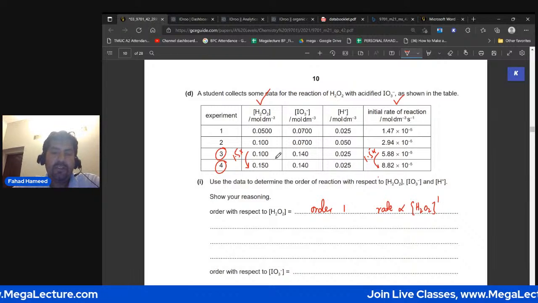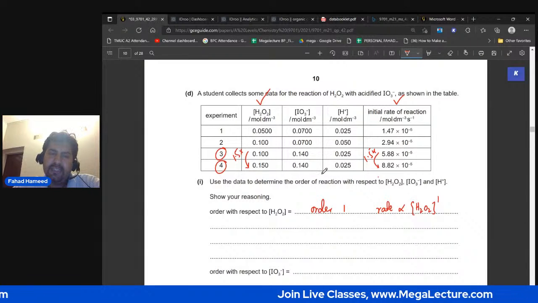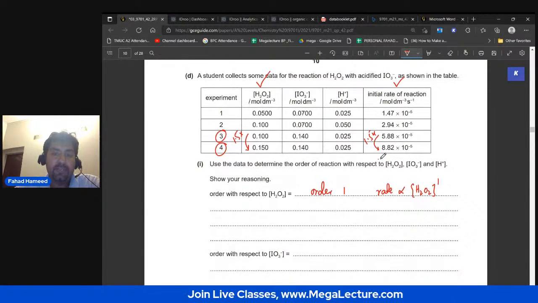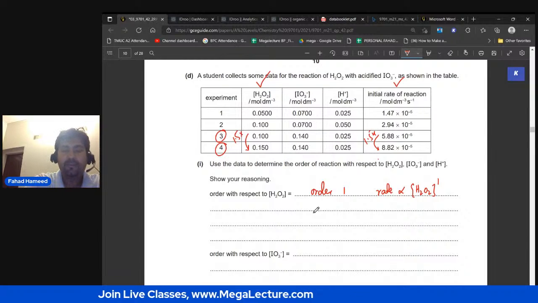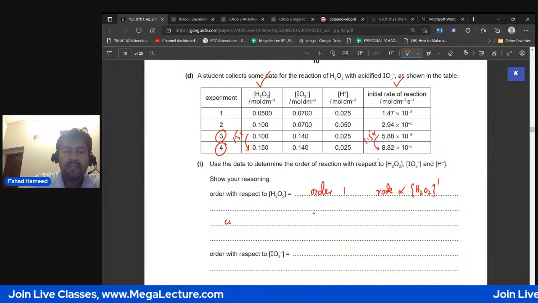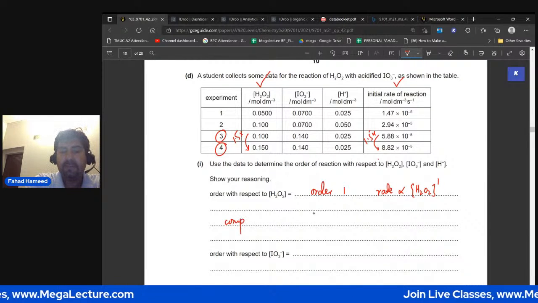So the ratio in which you change this, the same ratio, the rate would also change. What you're going to write is, specifically, tell them which experiments you're comparing.